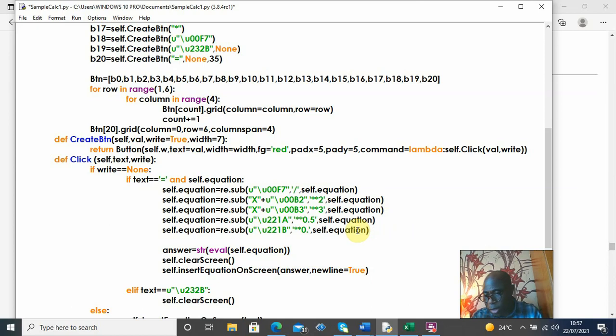Because remember, 1 all over 3. 1 all over 3 is 0.333. Okay. So I'll put 3333 there. You can approximate this up to 1, 2, 3, 4, 5, 6, 7, 8, 9. Let's make it up to 8.